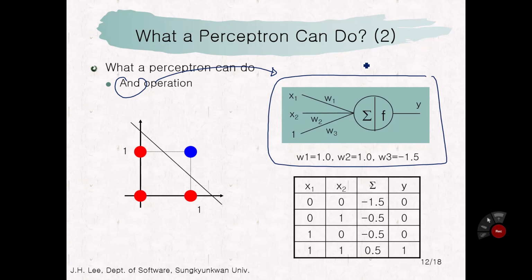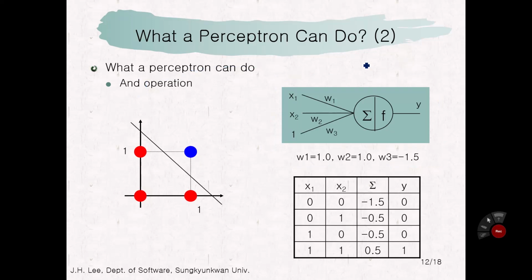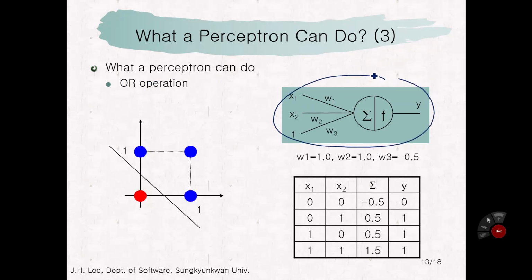Let's say this can be compared to the hardware. The hardware is the same. Look at this: the AND operation and the OR operation, the hardware is the same. So we can say that these are the hardware.